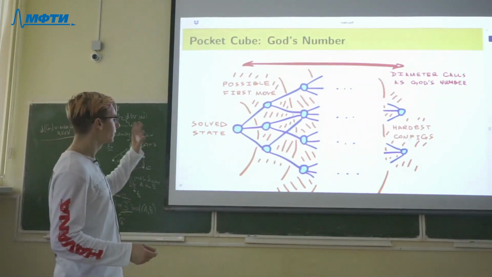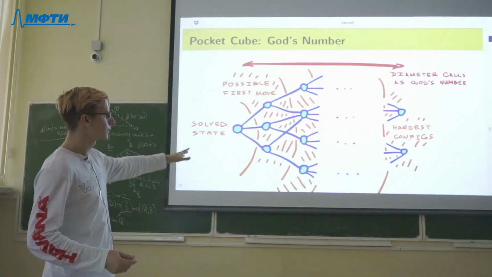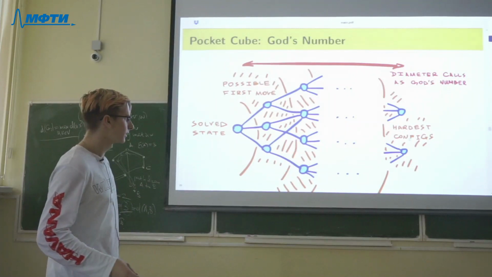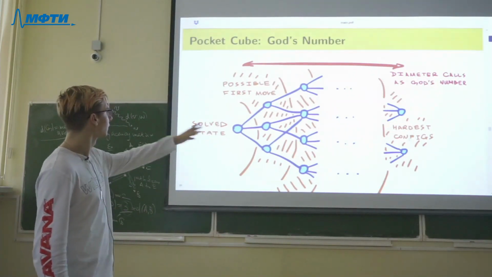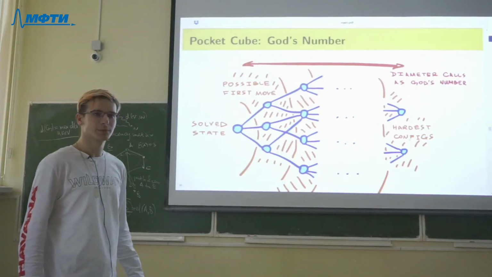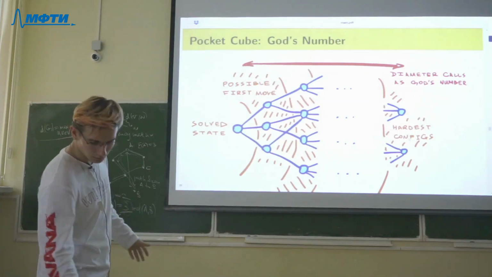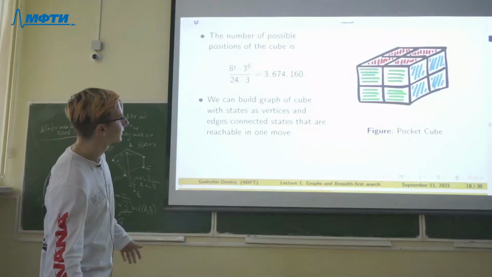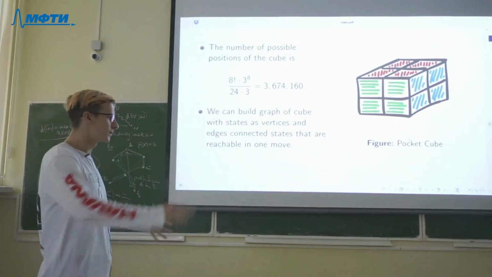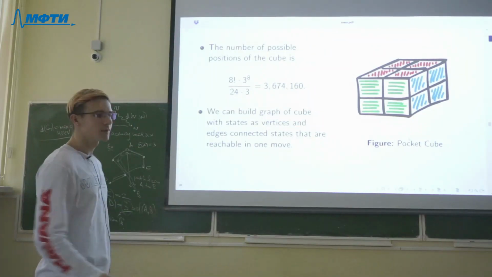It is of course a computing exercise, and we have algorithms that can solve this task in the best way. You can send this algorithm some state of the cube, and the algorithm says you need to transform in this way, this way, this way, and then you get the solved cube.